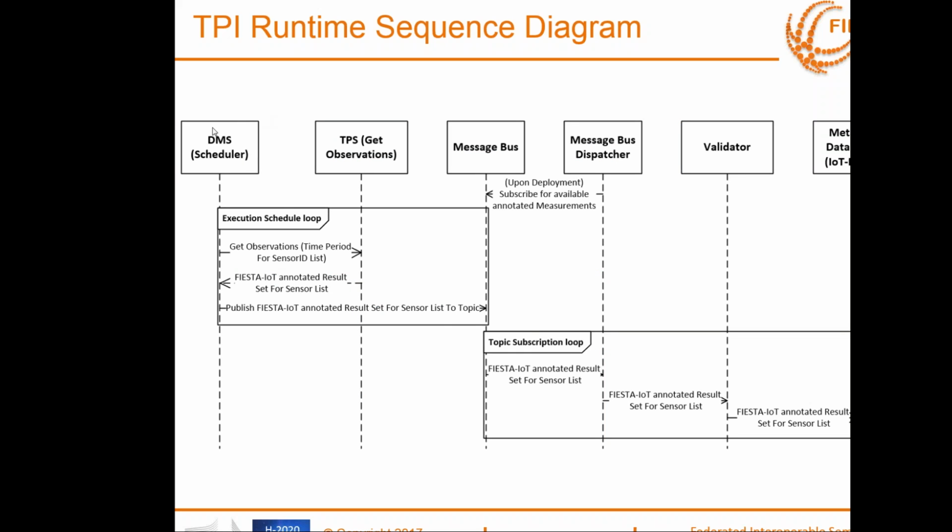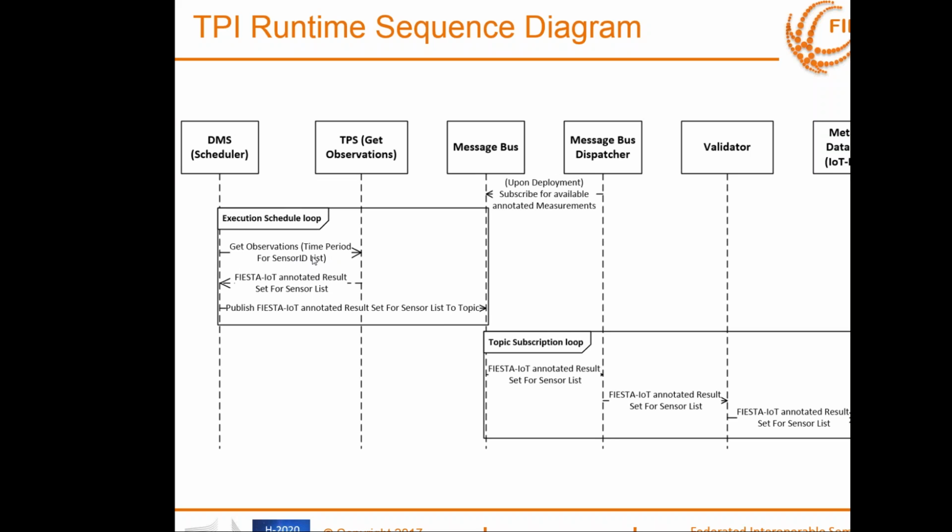So from the DMS scheduler that you have defined and configured in the previous step, an execution schedule loop gets initiated and executed in the time period that you have defined.